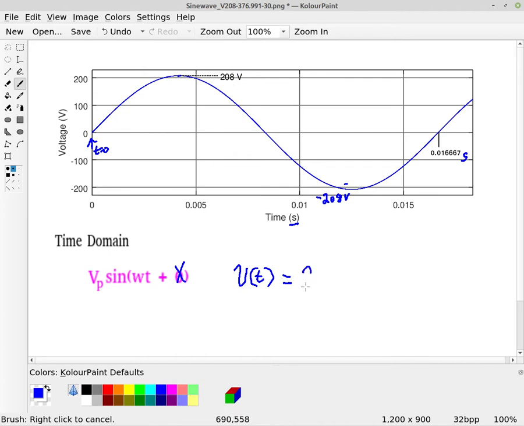So this would be 208 volts peak. Okay, so that means the peak to peak is going from 208 to minus 208. So peak to peak is twice that, which would be 416 volts.